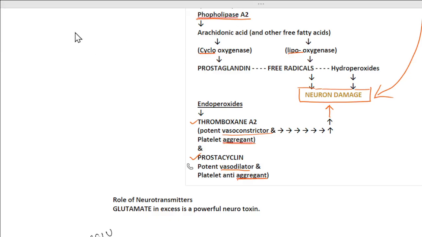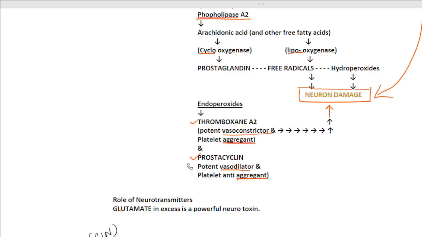Just 1 minute, bear with me. One is glutamine and another is glutamate. So glutamate we will write as GLU and glutamine as GLN.